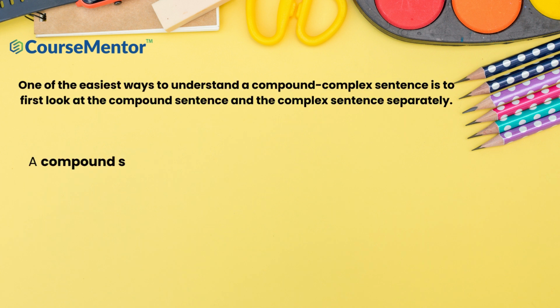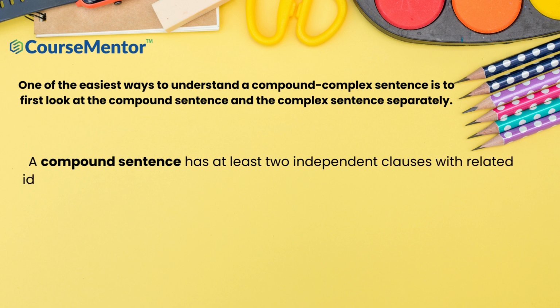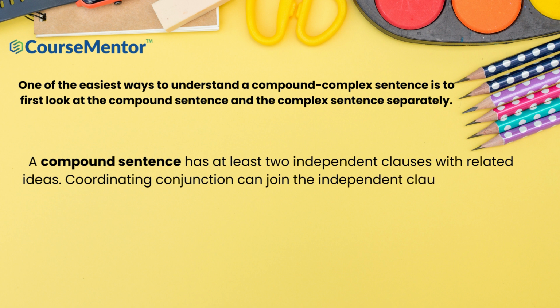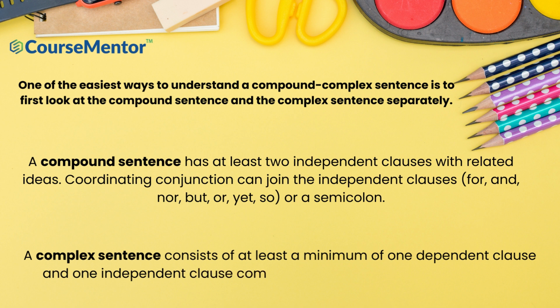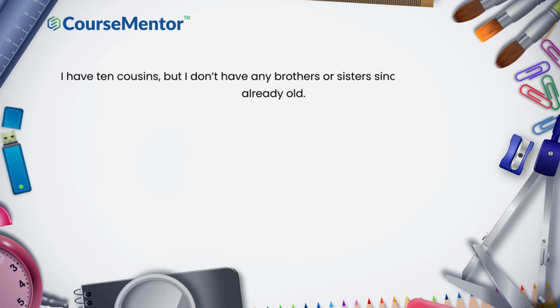A compound sentence has at least two independent clauses with related ideas. Coordinating conjunctions can join the independent clauses: for, and, nor, but, or, yet, so, or a semicolon. A complex sentence consists of a minimum of one dependent clause and one independent clause combined by a subordinating conjunction.